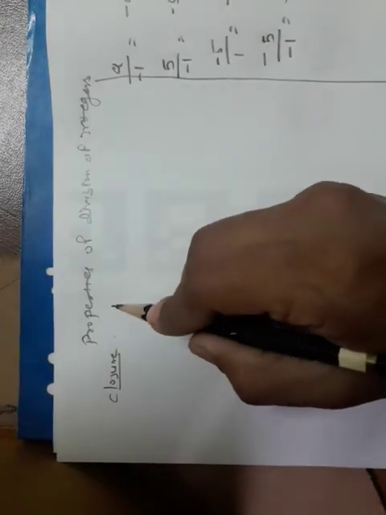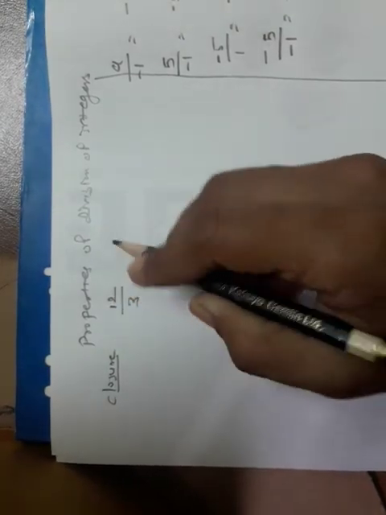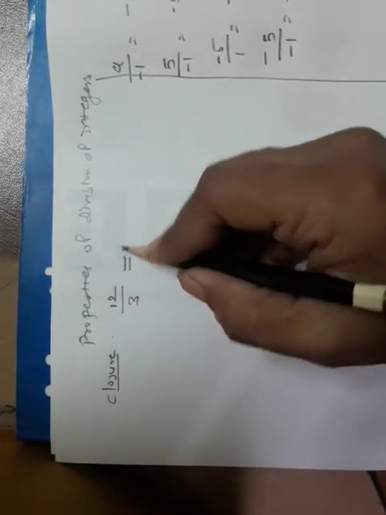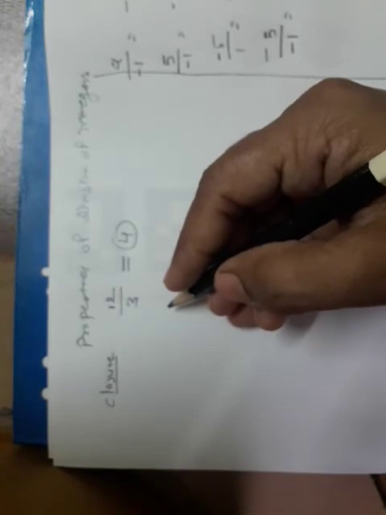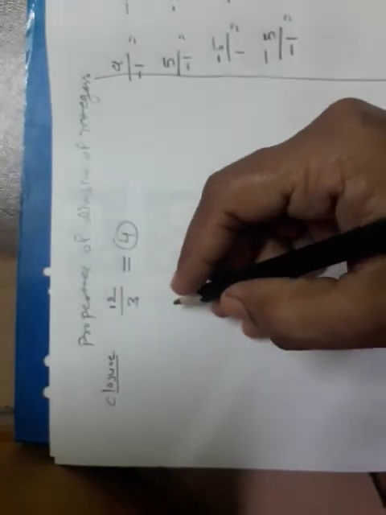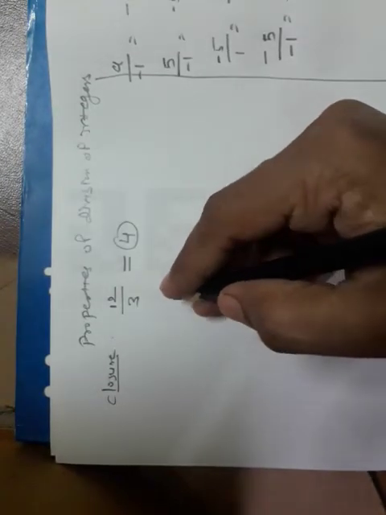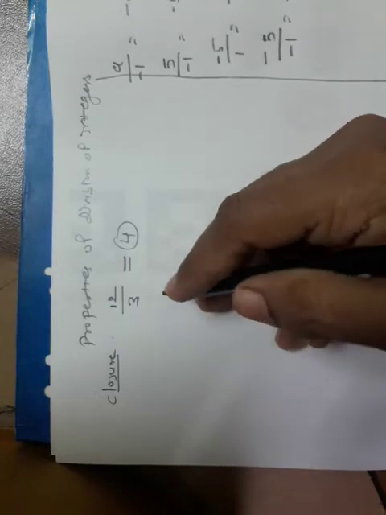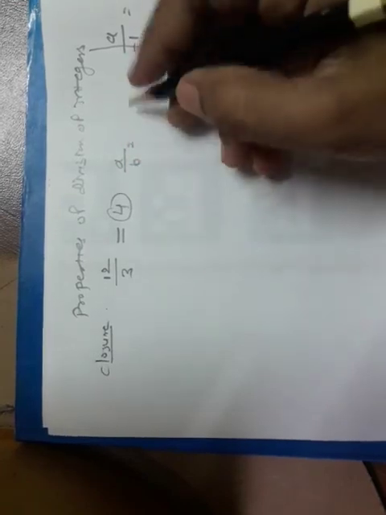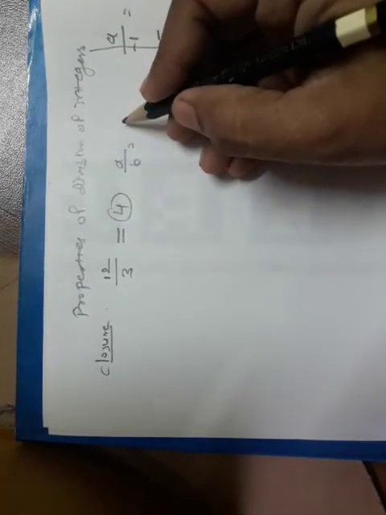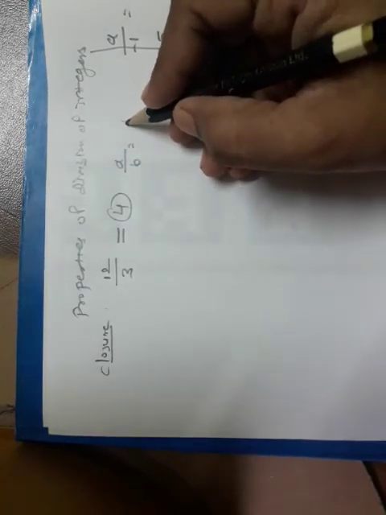Why? Suppose 12 and 3 are any two integers. 3 4s are 12. The quotient is 4. But if we reverse this, if a divided by b is equal to, it is not an integer.